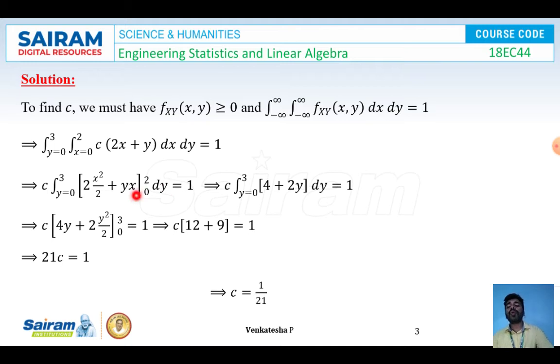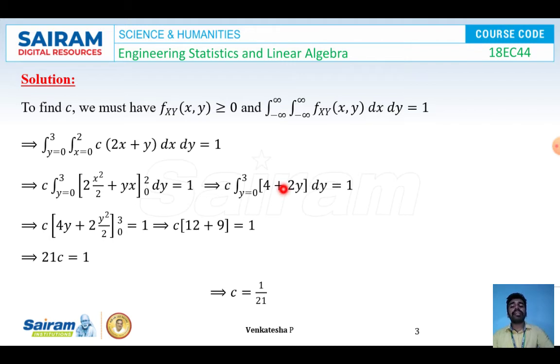Now I am going to apply the limit. Applying the upper limit, that is by replacing all x terms by 2, and applying the lower limit by replacing all x terms by 0, the complete equation will become 0 for lower limit. So now I got the equation c into integration y from 0 to 3. Here 2 gets cancelled, 2 square will become 4. 4 plus 2 into y into dy is equal to 1.